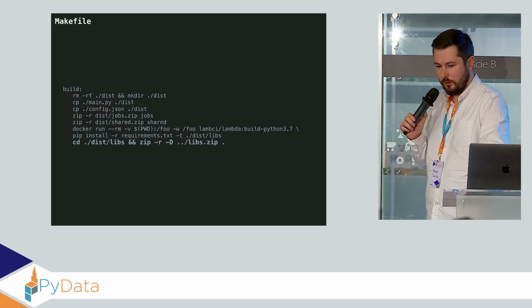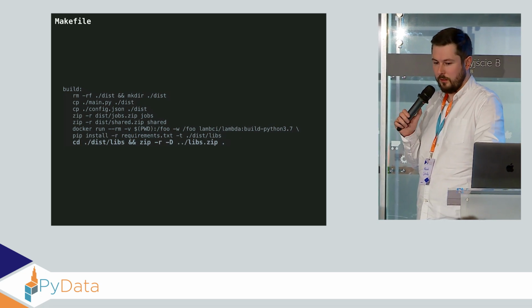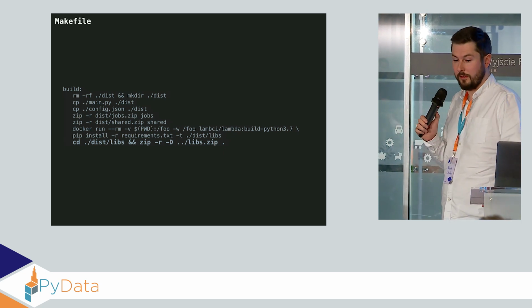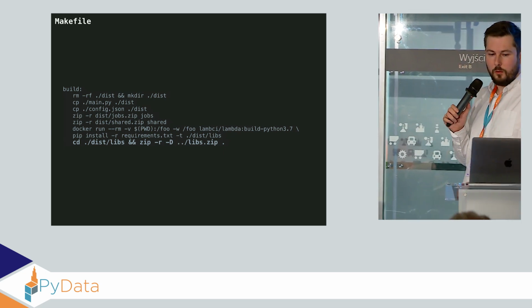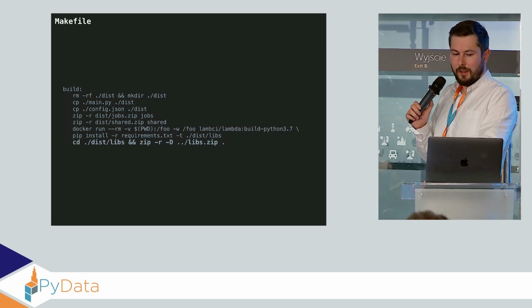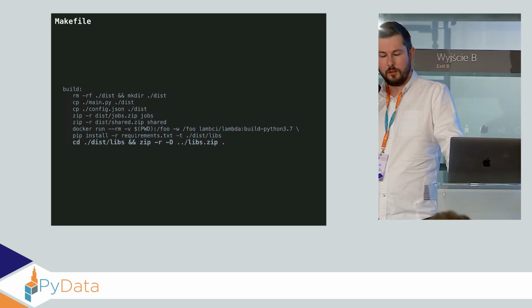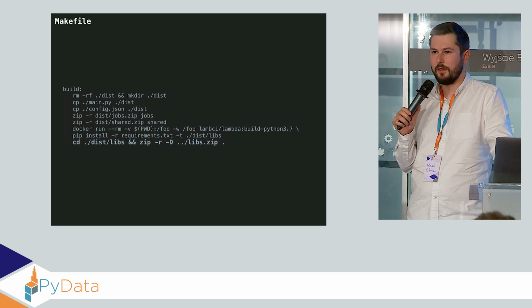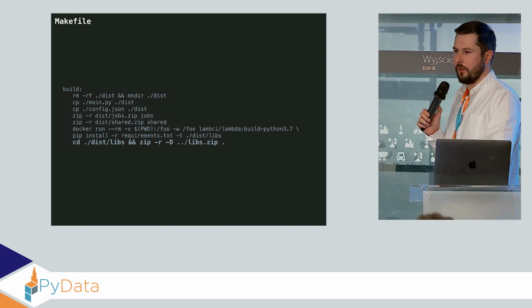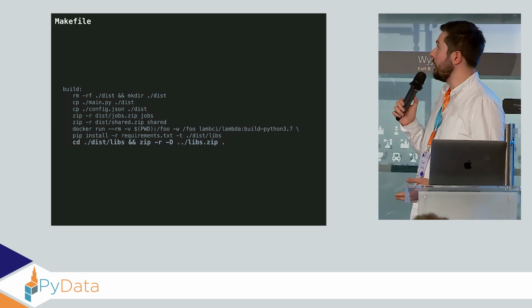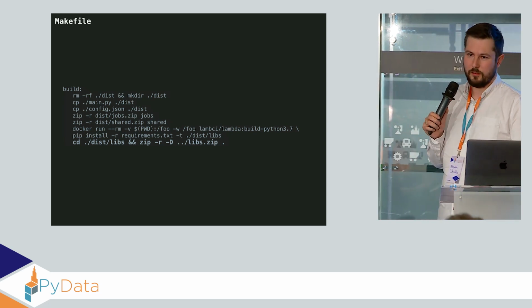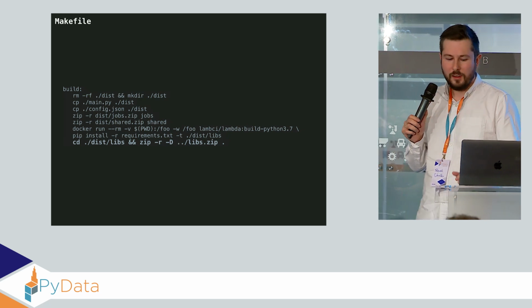And at the end, we are zipping the libs directory into a libs zip file. What's worth mentioning here is that as opposed to the shared directory and jobs directory, here we need to zip the content of the directory, not the actual directory itself, because we want to use the package directly by calling it parse, not libs.parse.